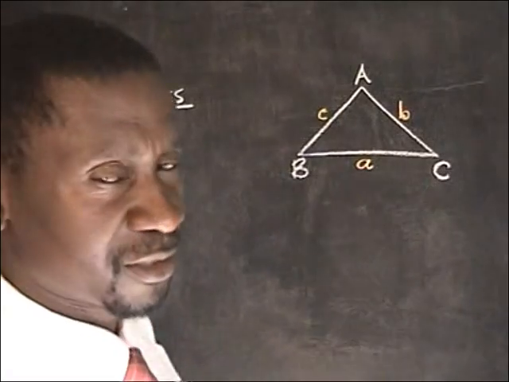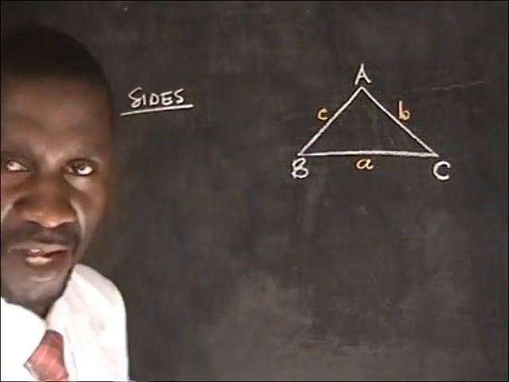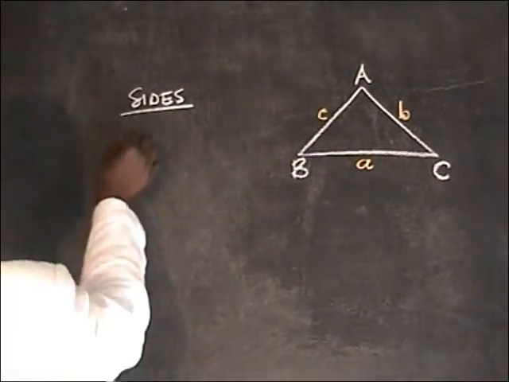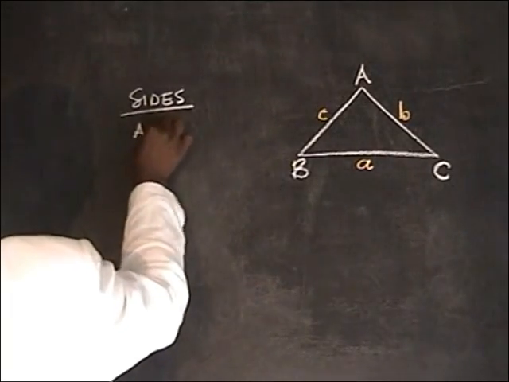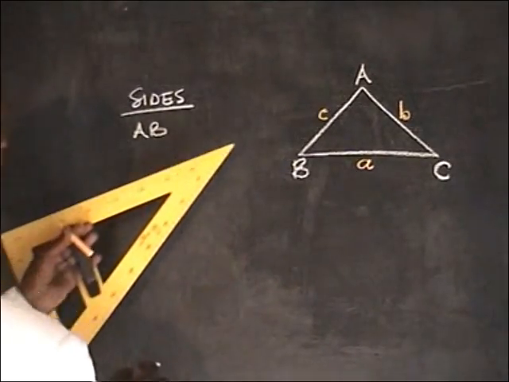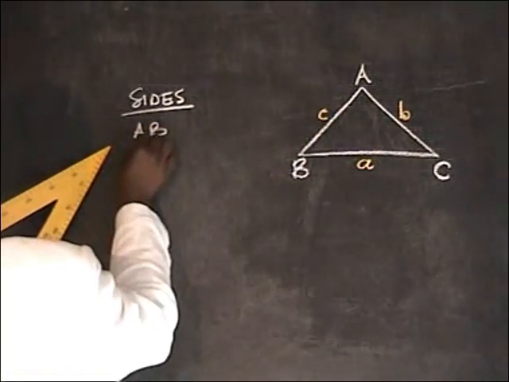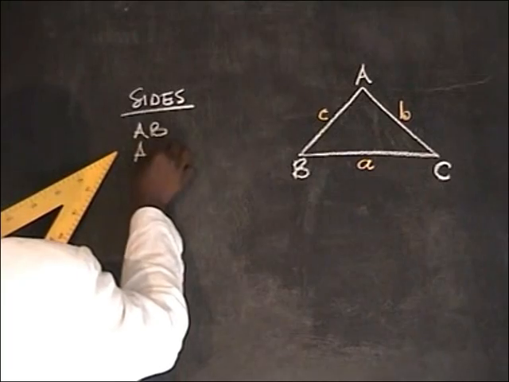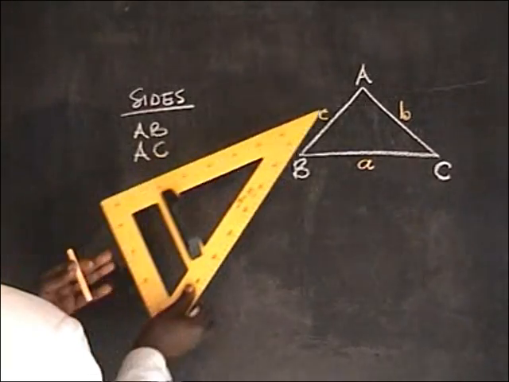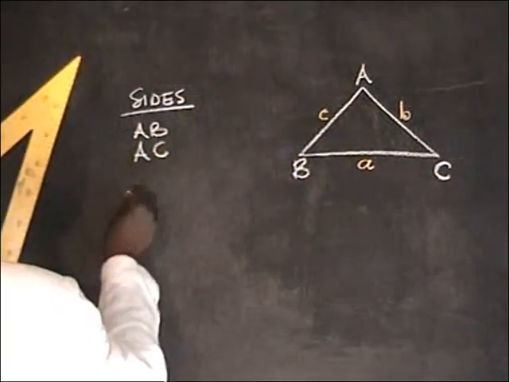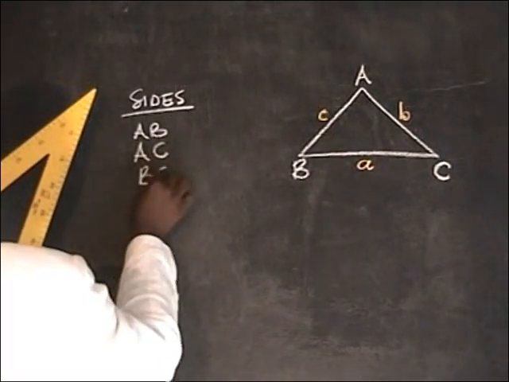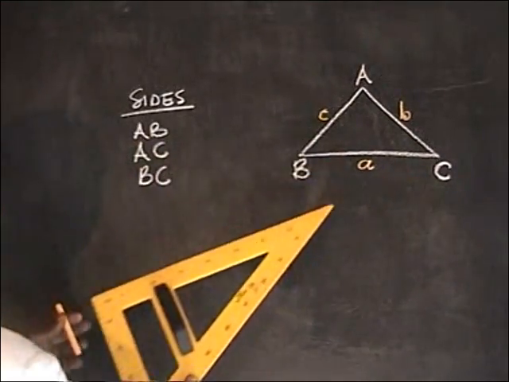For sides, two capital letters are used. For instance, if I use letters AB, it means the side from A to B. I'm sure that is understood. AC means the side from A to C. And finally, BC, the side from B to C.